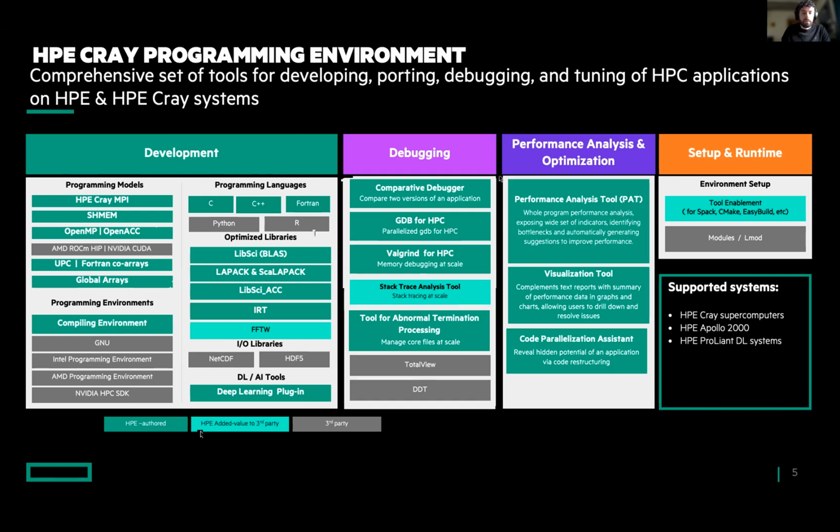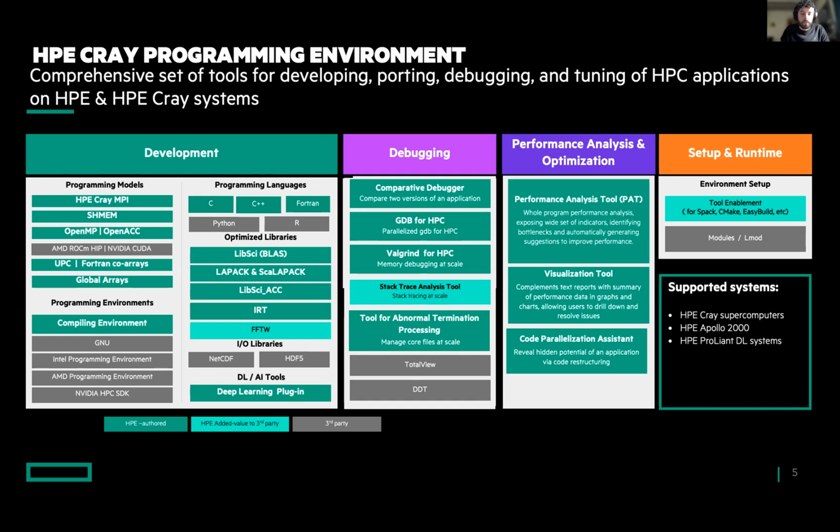We then have different tools for debugging, so your comparative debugger, GDB for HPC, Valgrind for HPC. I'll talk a bit more about those later. Performance analysis and optimization tools, so CrayPat, what this used to be called, now it's just PAT. The visualization tool and code parallelization assistant, which you would have perhaps previously known as Apprentice2 and Reveal.